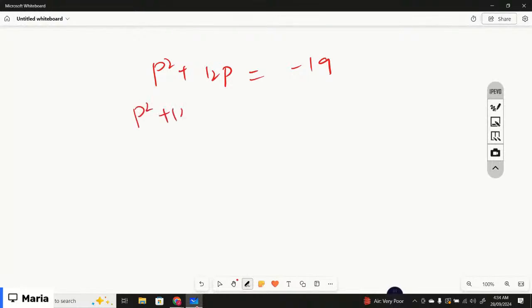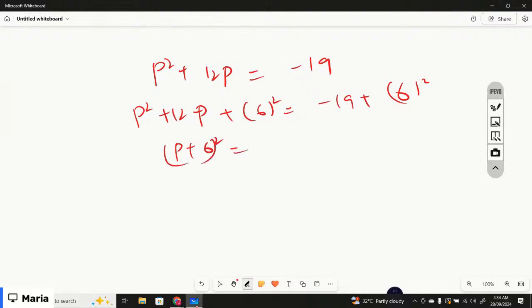So you need to add b by 2 whole square, right? So that is p plus 6 whole square equals negative 19 plus 36. So that is p plus 6 whole square equals 36 minus 19, which is 17. So here you have 17.